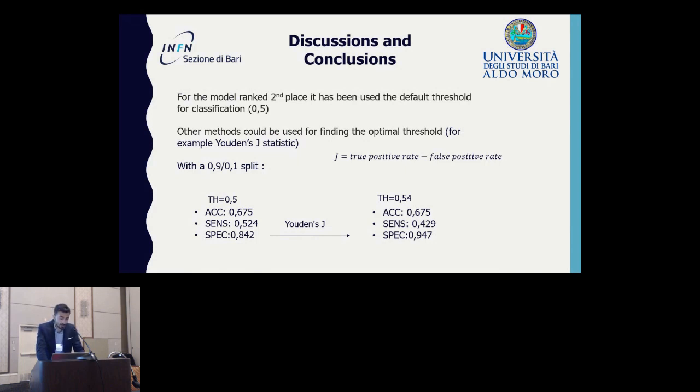For example, we used the default classification threshold of 0.5, but other methods could be used to find the optimal threshold, for example the maximization of Youden's J statistic, that is the difference between true positive rate and false positive rate. But applying this method, the sensitivity became lower and the specificity became higher. We think that sensitivity is a very important parameter to evaluate a model, so we have to investigate other threshold optimizations.